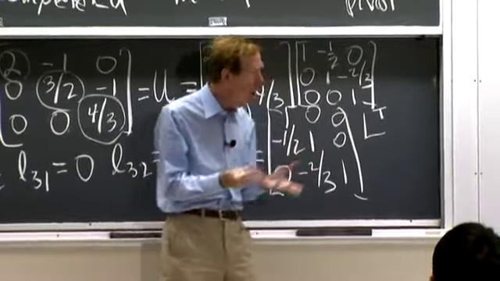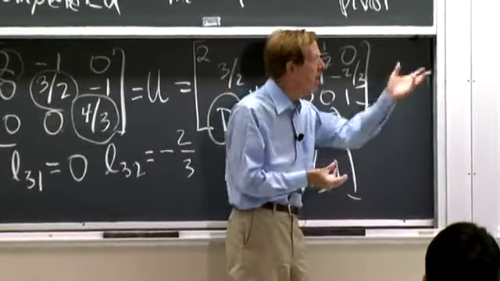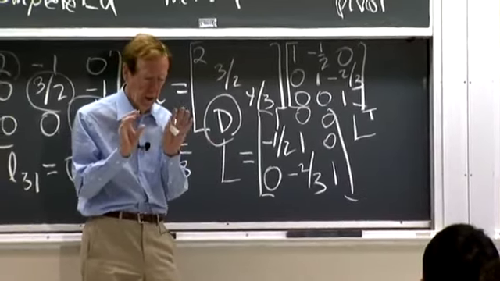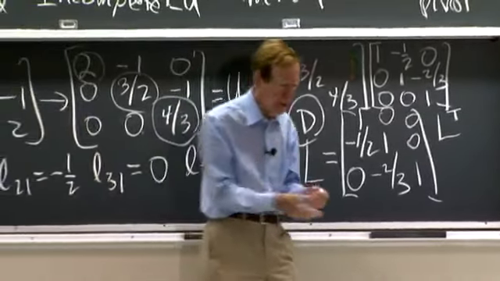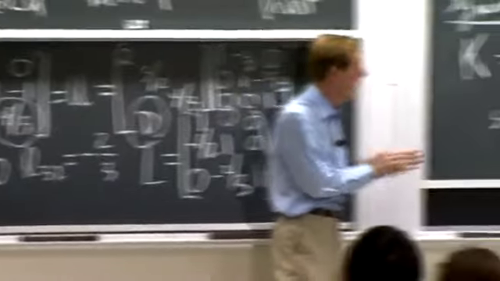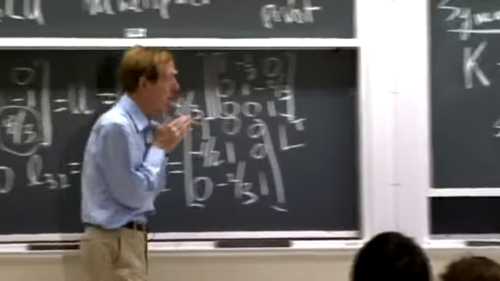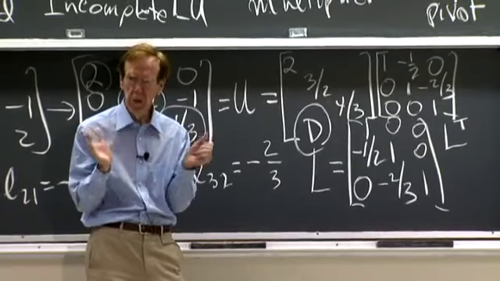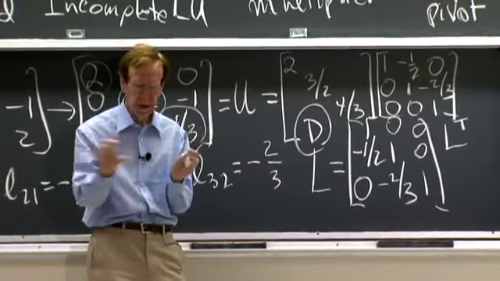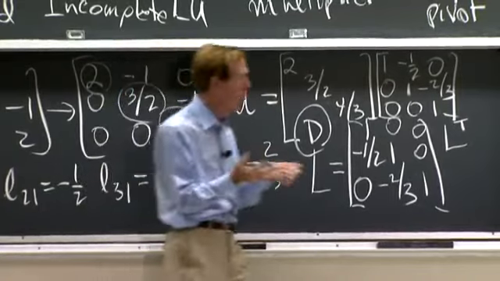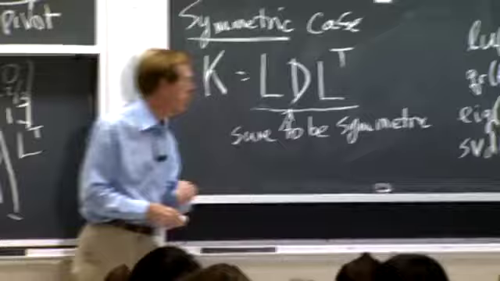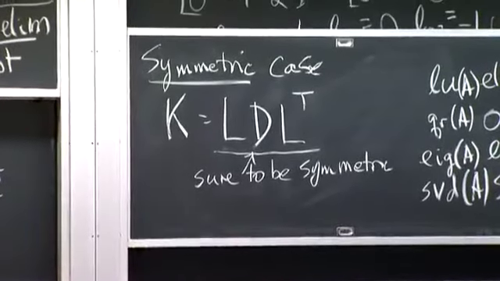So it's these symmetric factorizations that we're getting to in our important problems, because our important problems are symmetric. Okay, why is that sure to be symmetric? Suppose I asked you as an exercise, prove that L times a diagonal times L transpose is always a symmetric matrix.